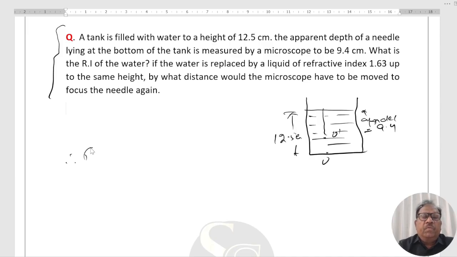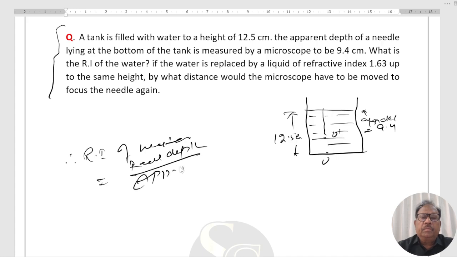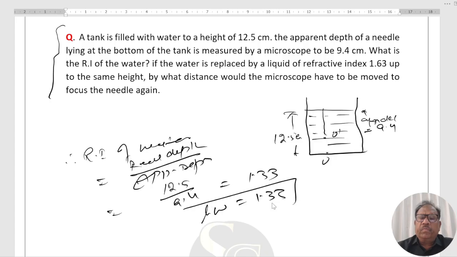Therefore, the refractive index of water will be real depth upon apparent depth, that is 12.5 centimeter upon 9.4, which comes out to 1.33. Mu W comes out to be 1.33, the refractive index of water with respect to air.